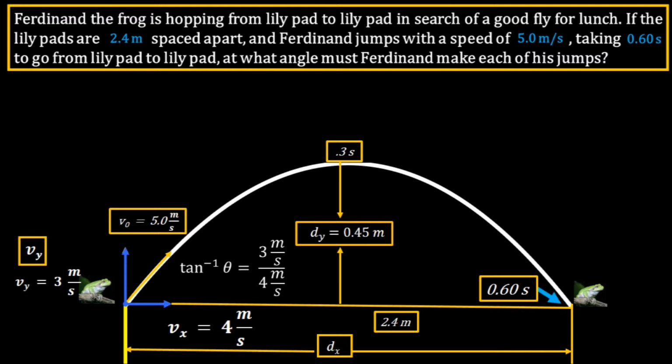You're going to see that it's 37 degrees. 37 degrees is the angle. So that answers the question. To summarize, Ferdinand the frog has to jump at 37 degrees to go 2.4 meters.